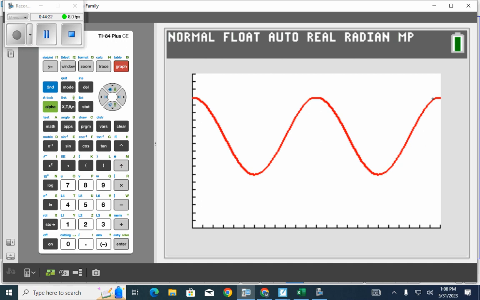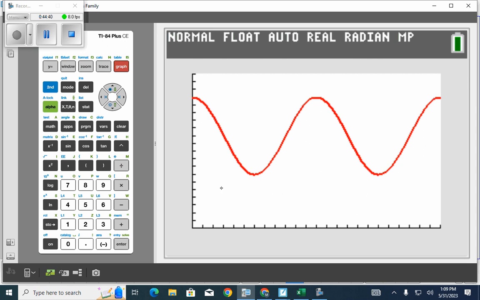Okay, so if we look at question D: use the graph of the function to determine, to the nearest tenth of a meter, the depth of the water at 2 p.m. You need to know how to tell time. If you go back up to the original question, it says t hours after midnight.